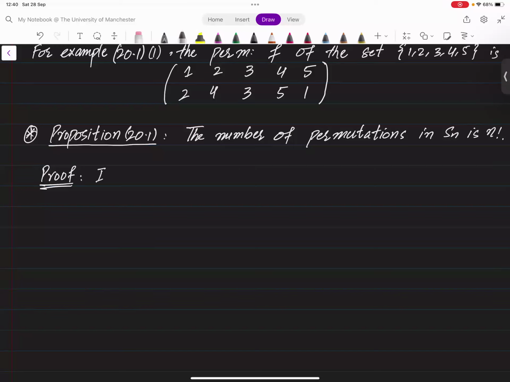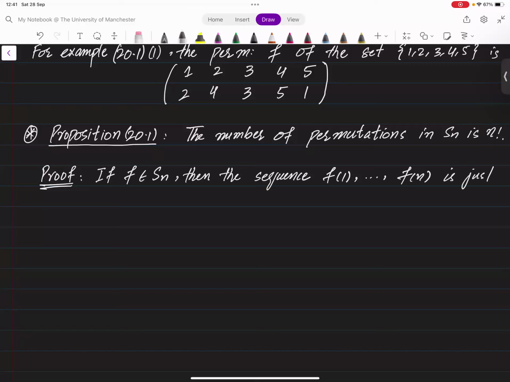So we say that if f is a permutation in Sn, then the sequence f of 1 to f of n is just an arrangement of the numbers 1 to n in some order.